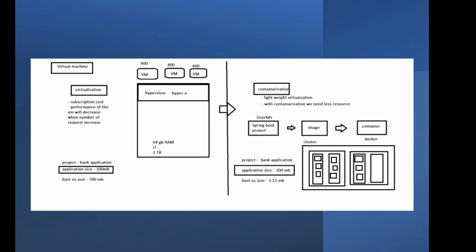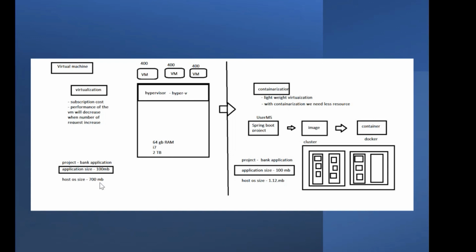Now here, let us give an example of why you are moving from VM to containerization. Just see here. Assume you have created a banking application inside the Eclipse IDE. Assume its size is 100 MB. And this application is running on the host operating system, and its size is 700 MB.